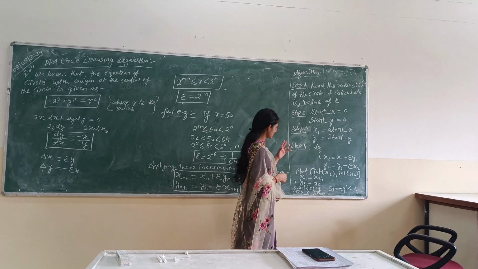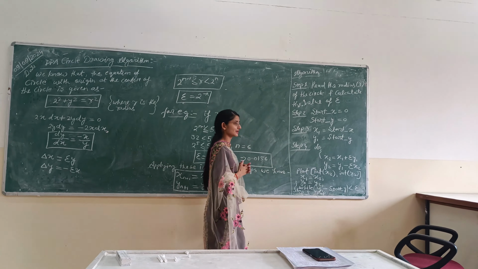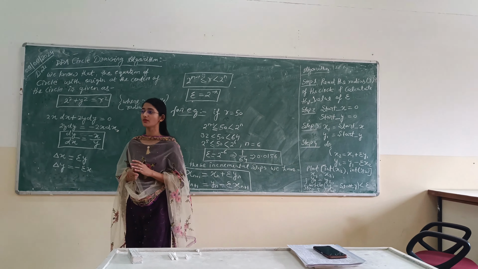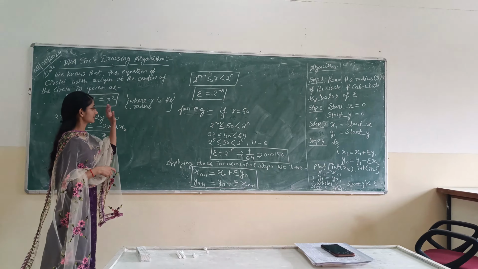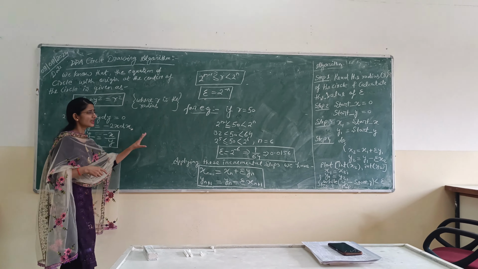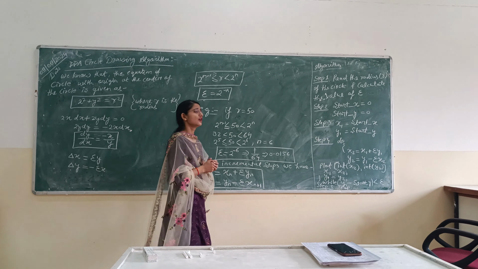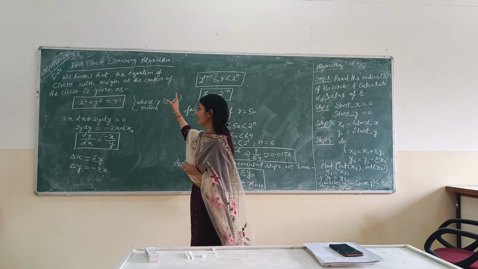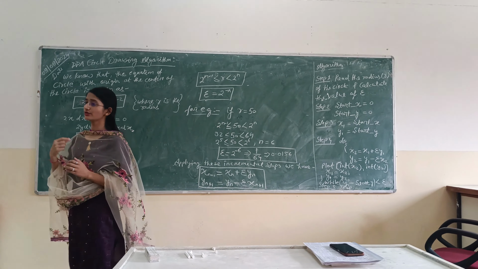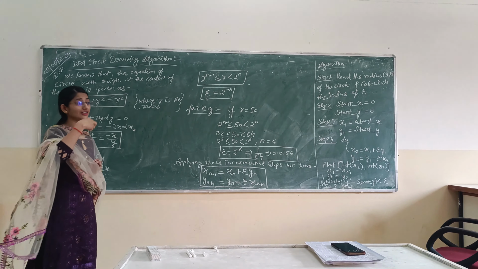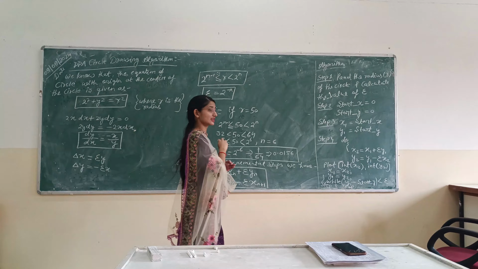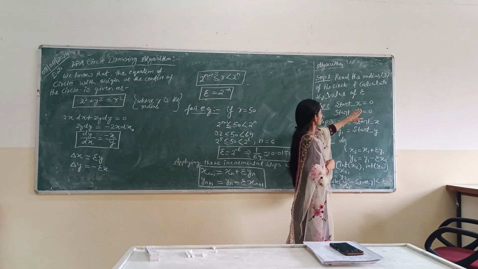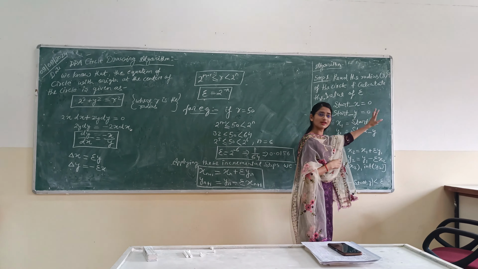So finally, this is the overall description of the DDA circle drawing algorithm. In these steps, firstly you need to read the radius of the circle, and then calculate the starting values of your origin point, means always start from 0, 0.